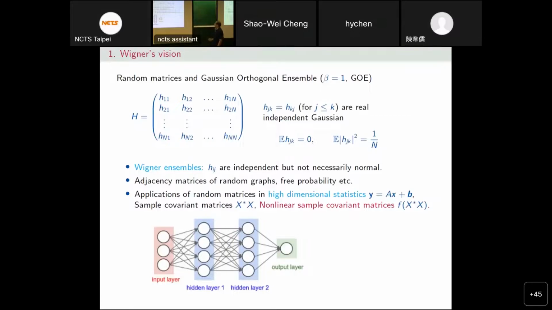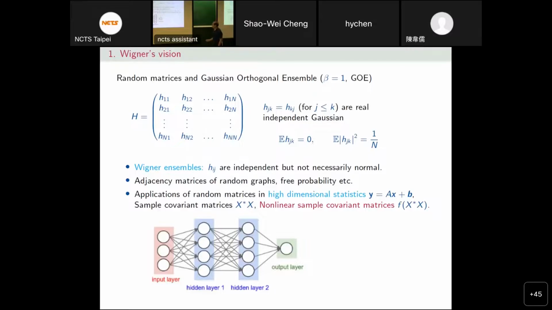Now the last example I would like to mention is the so-called neural network. In a neural network, these are the variables, and all these lines are Gaussian. You can use the Gaussian case or the non-Gaussian case. A neural network is actually a multi-layer example of random matrices.